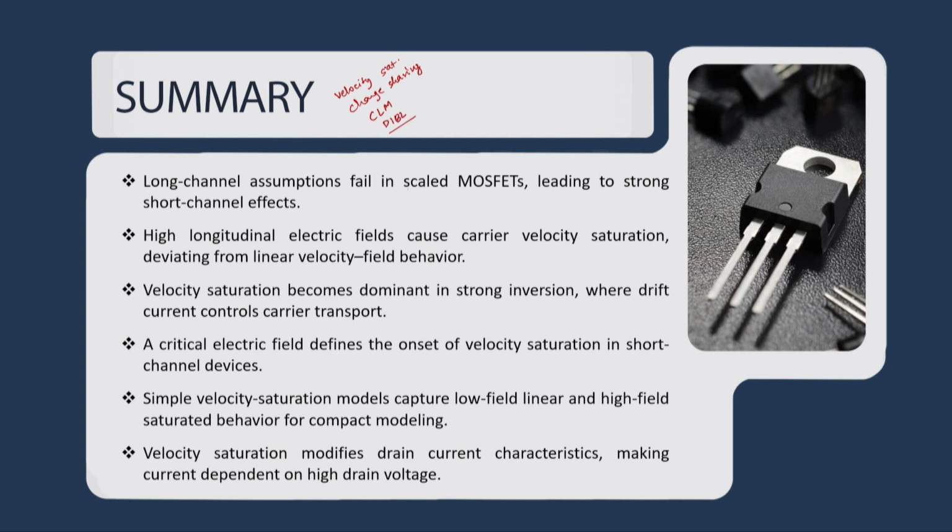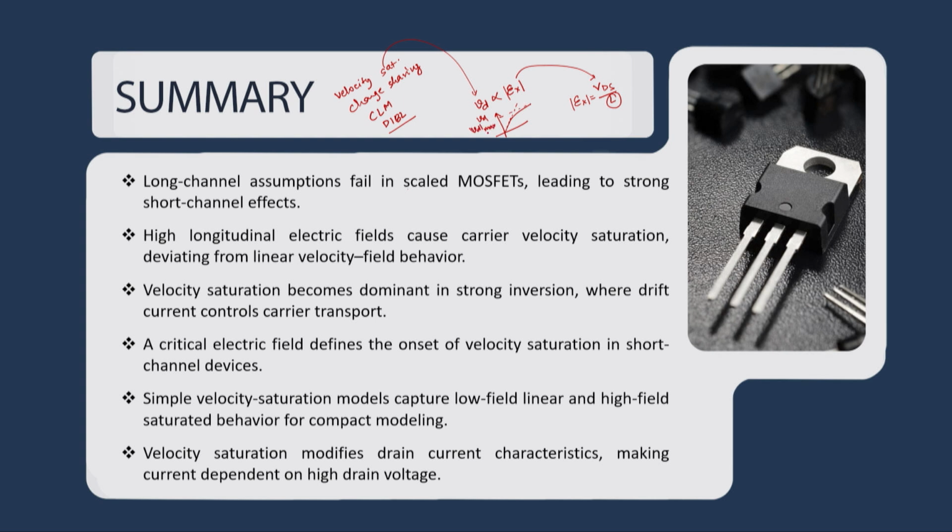In velocity saturation, we said that the carrier velocity is no longer directly proportional to the horizontal field, because the horizontal field in general can be given as VDS divided by L, and now when you are making L very small, then Ex will be very high, and hence under that condition the drift velocity of the carrier no longer follows a linear trend, but gets saturated to a value of Vd max.